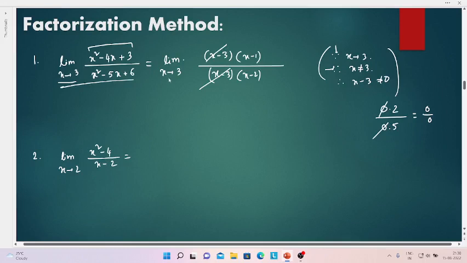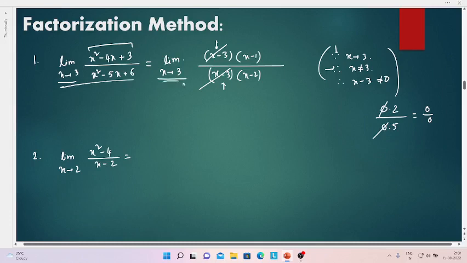So some students will say that since x equals 3, after substituting the value of x, which is 3, that part will become 0. So we can't cancel a part which is equal to 0. That should be non-zero, then we can cancel. So then you have to think about the fundamental or the analytical part of limits.